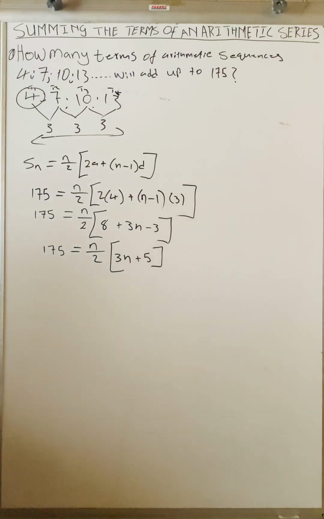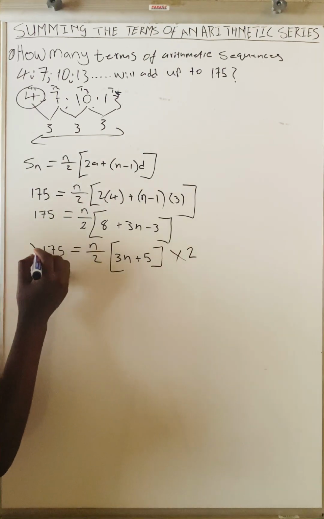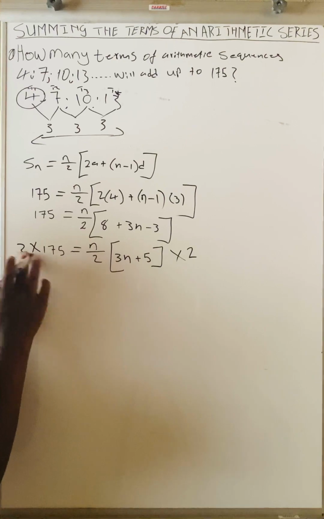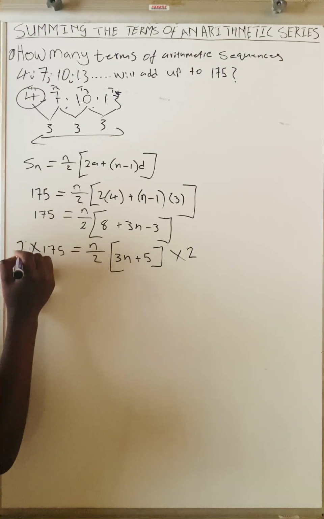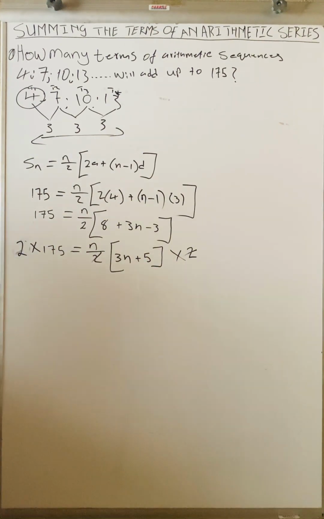Then we see that we can multiply both sides by 2. What you do on the right side, you also do on the left-hand side. Multiply by 2, multiply by 2. These 2s cancel.